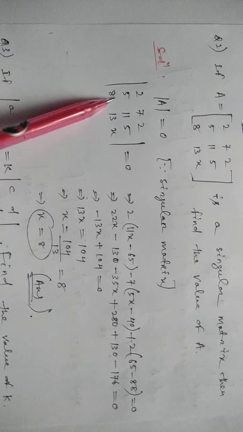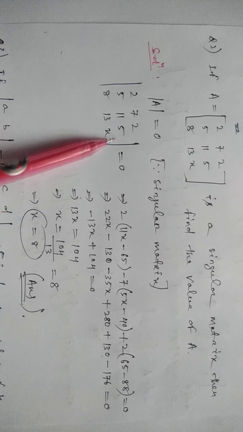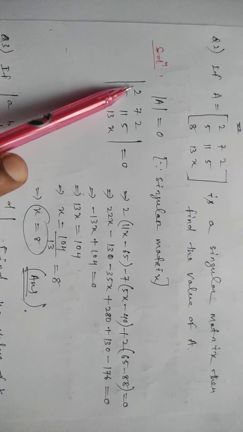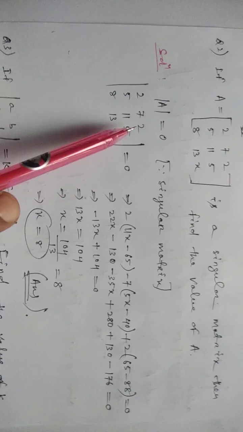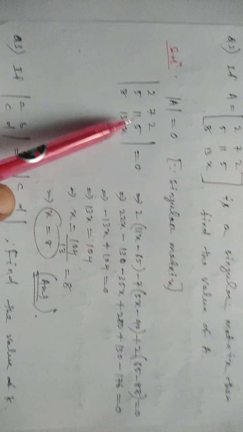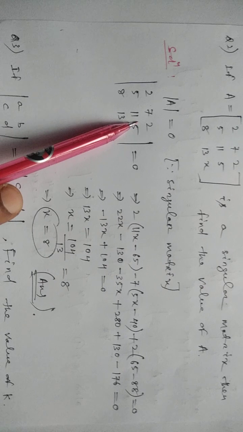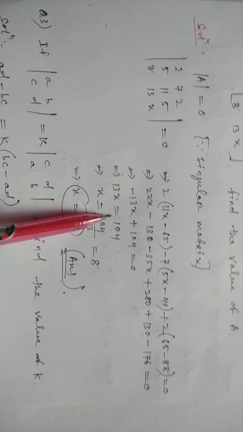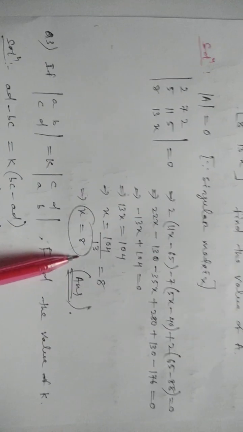So 2 into, cancel this row and column, 11 into x minus 13 into 5, minus 7 into 5x minus 40, plus 2 into 13 into 5, 65 minus 88. I just calculated all this and simplified this. We will find the value of x. I calculated x is 8.